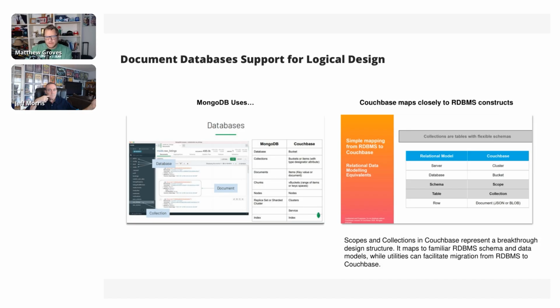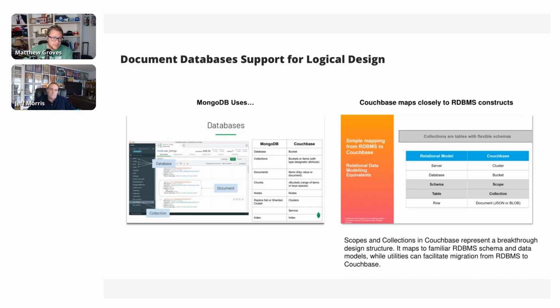Right. So we talked about SQL++ being familiar, and that would be one of the benefits of having that available with JSON data. But this is even another step to making it more familiar. It's kind of hard to see in the slide here, but on the right side there, you can map relational concepts to Couchbase concepts. It's not the same exact thing, but they're very similar levels of mapping.